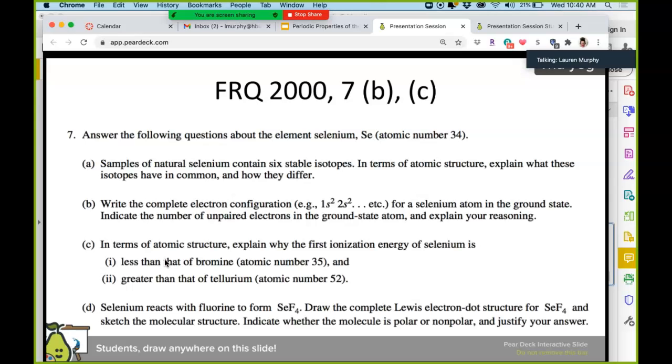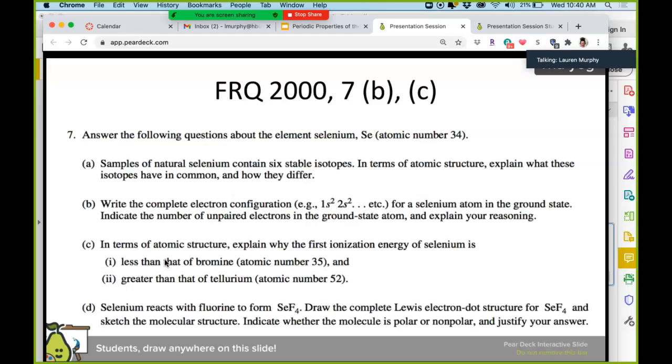Meaning if you don't answer them in a way that shows that you actually understand what you're talking about and you just spit out definitions, you won't get any credit for it. So I'll do the first one with you and kind of show you what is expected of you, and what won't work, and then I want you to try the second part of part C. So we'll skip part B for now.